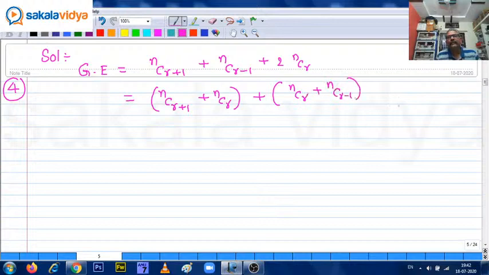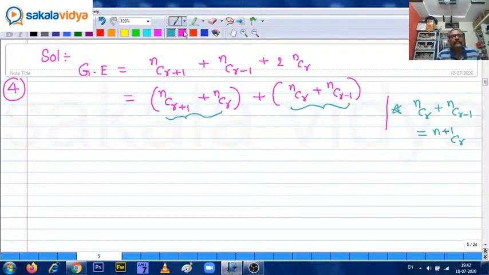We have one wonderful formula already we have discussed. See, NCR plus NCR minus 1 equals to n plus 1 CR. 1 is added to n and this r need to be taken. So with the help of this formula, you check it now. What you can write here? This will be, and next these two, this is nothing but n plus 1 CR we can write.